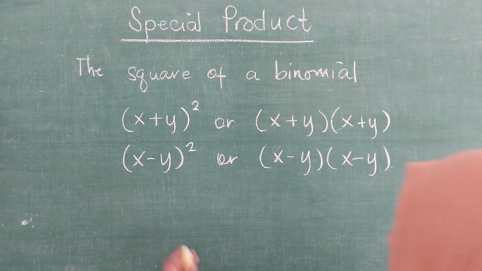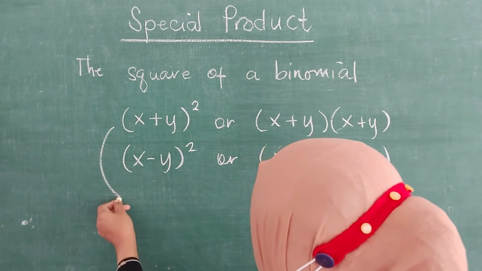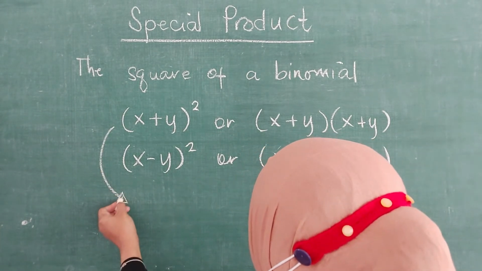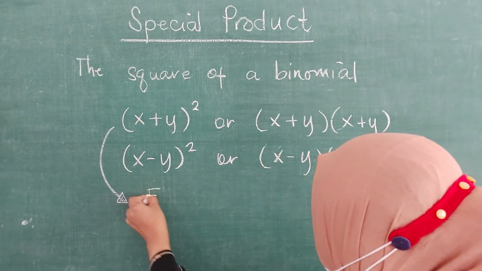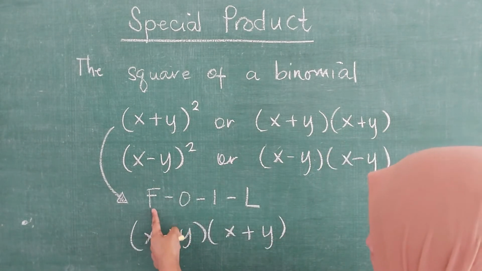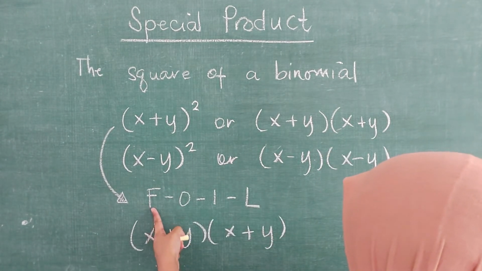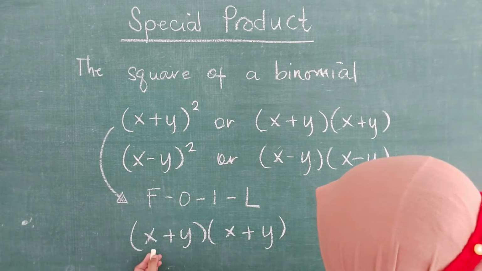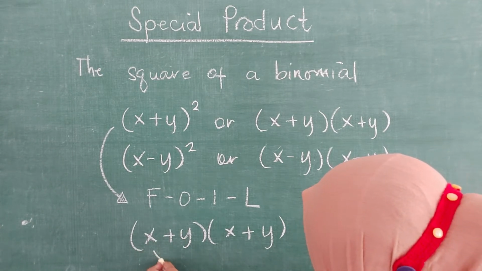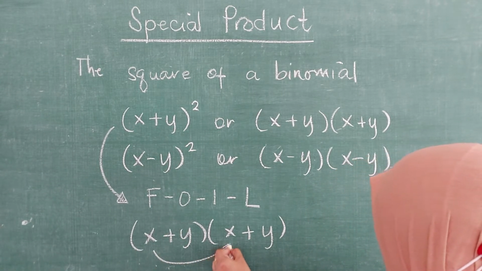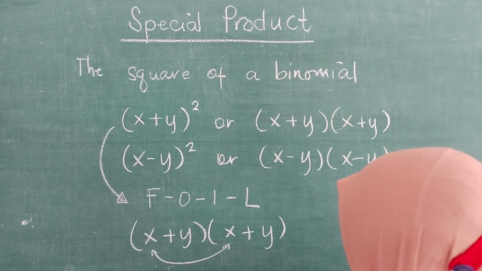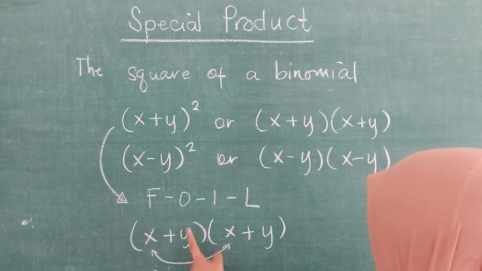Dito sa x plus y, to answer using FOIL method, the first letter F is multiply the first term. So the first term is x times x, which is x squared.